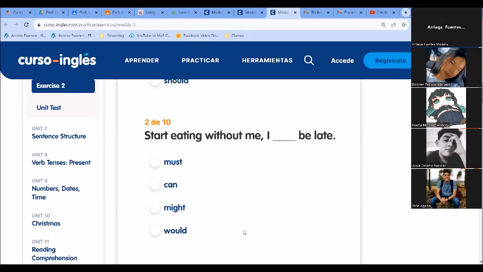Would be late would be more of talking about your likes. Here is a probability type statement. Empiezas a comer sin mí, tal vez voy a estar tarde. All right, to talk about those probabilities, and of course with a softer touch, I might be late.